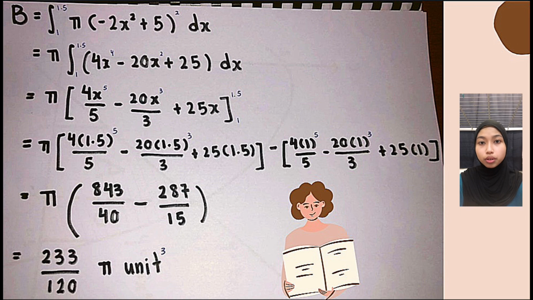Then, the volume of region B is integral 1 to 1.5 of pi bracket negative 2x squared plus 5 bracket to the power of 2 dx. We put the pi outside the integral, so it becomes pi integral 1 to 1.5 of bracket 4x to the power of 4 minus 20x squared plus 25 bracket dx.